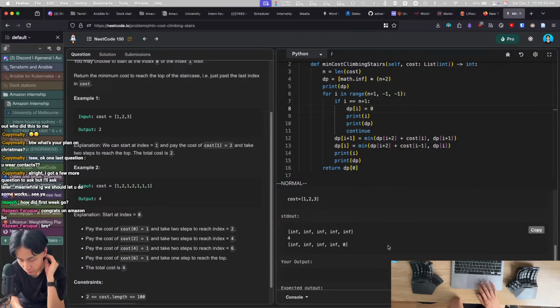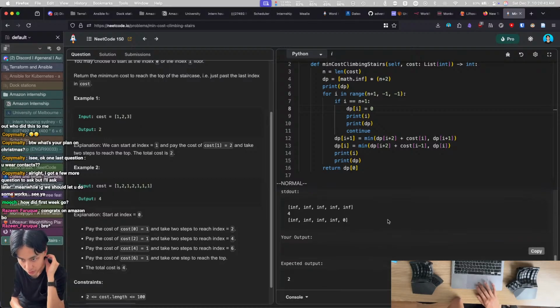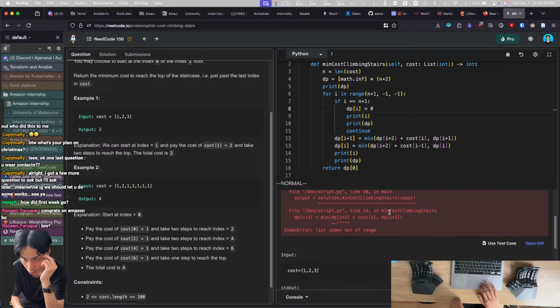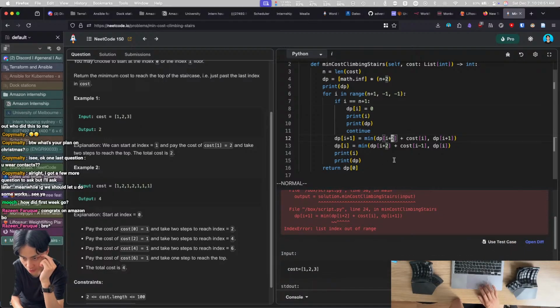Right, so that doesn't matter. You added the 0. But then when you get to a point min, dp of i plus 2 doesn't exist.